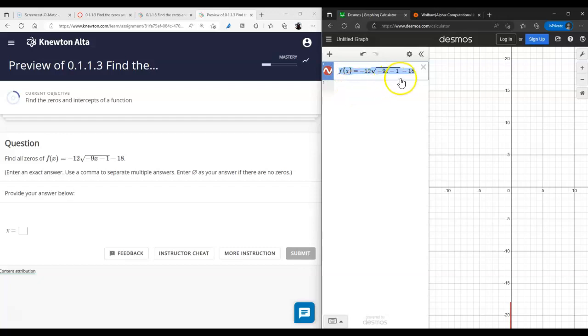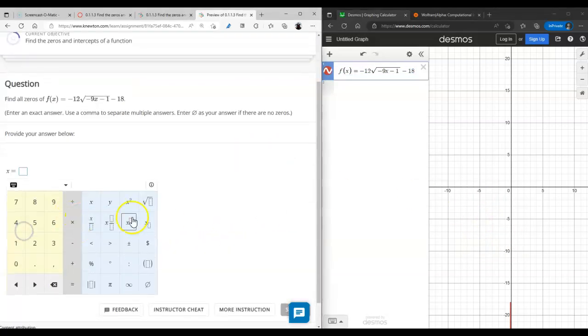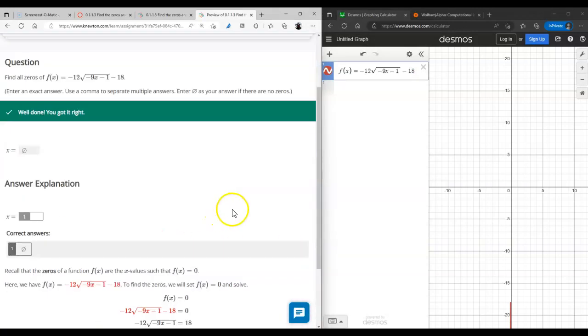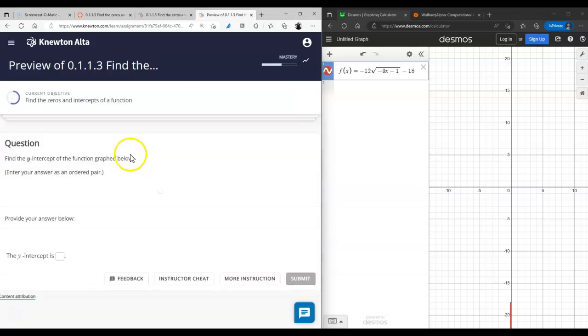So figuring out zeros is a matter of solving this equation, which is a process that at this level we don't want to engage. So again, visually there are no intercepts, so I'm going to answer this question with an empty set, and that's right.